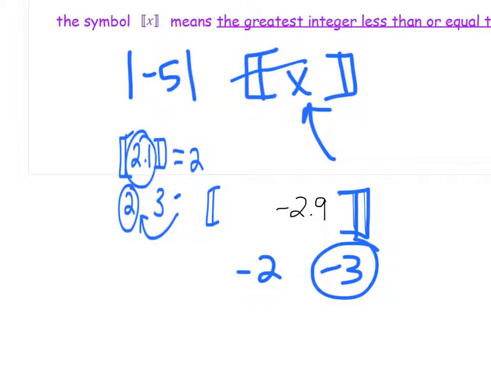Negative 3 is smaller than negative 2. The absolute value of 3 is bigger, but negative 3 is more negative, so it's going to be less than negative 2. So we know that it has to be negative 3, because that's the closest integer smaller than this number. Negative 2 would be bigger than that number, so it's not negative 2. So just be careful when you're plugging in negative numbers.